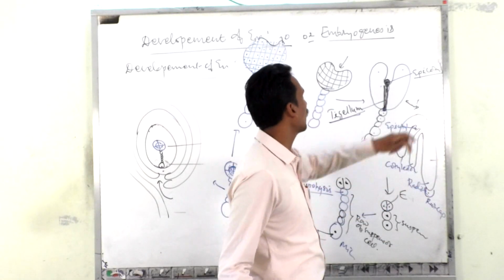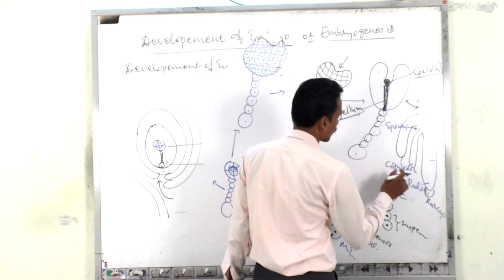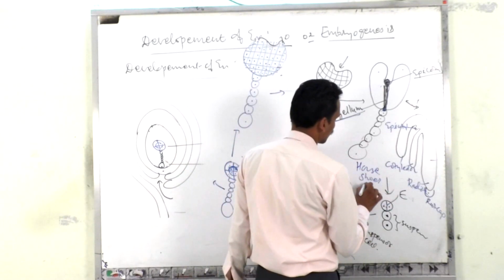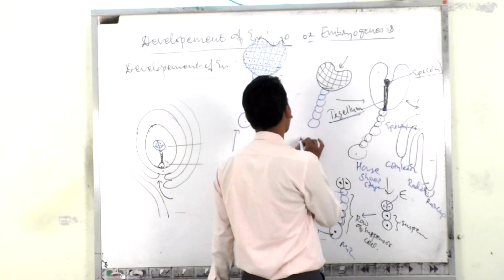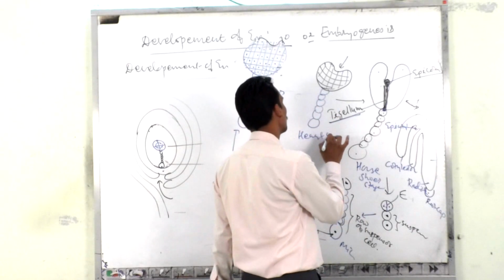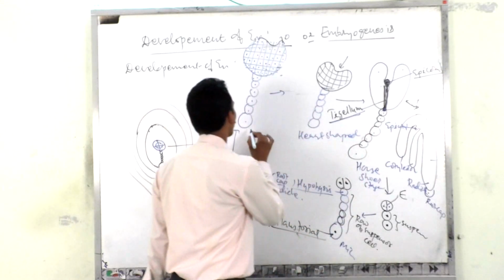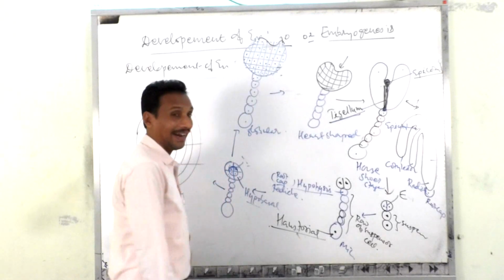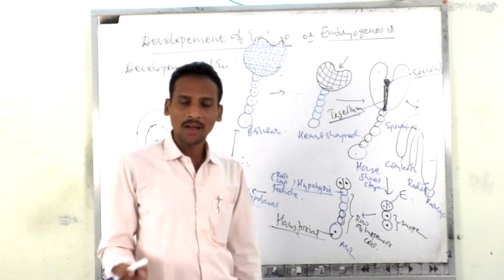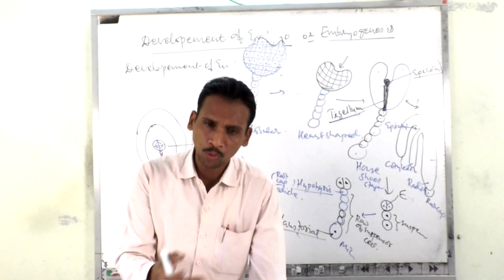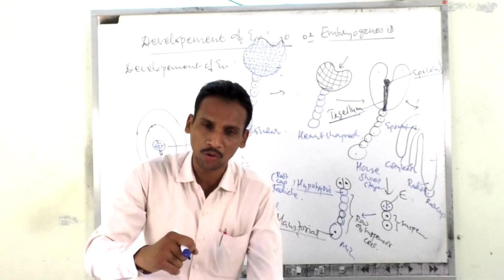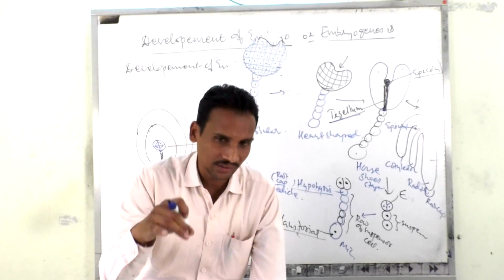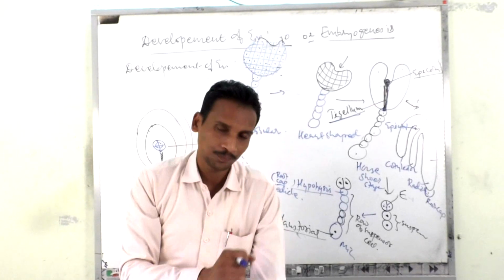This particular stage is called the horseshoe stage. This is the heart-shaped stage. This is the globular stage of this embryo. And from the zygote up to the formation of this embryo, whatever stages there are, they are all considered pro-embryo.